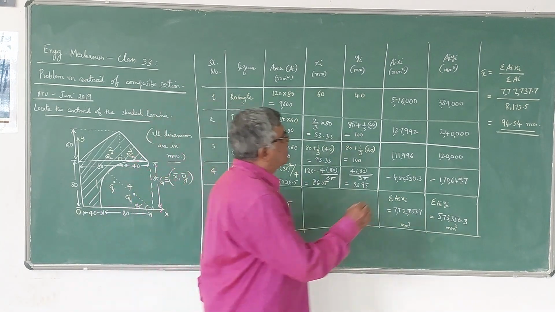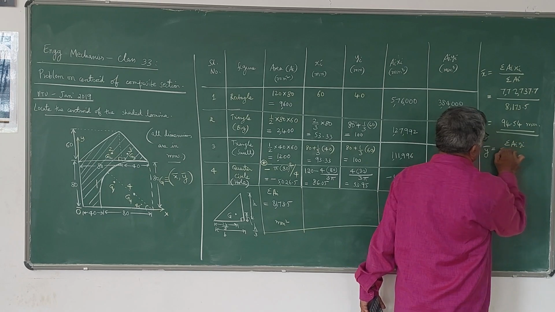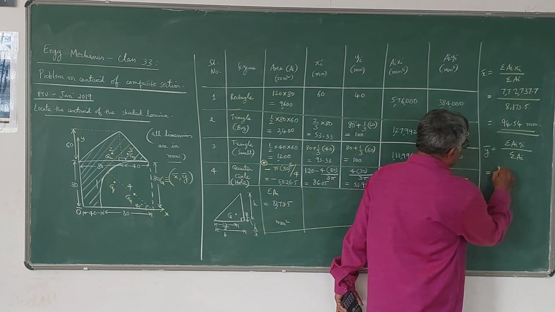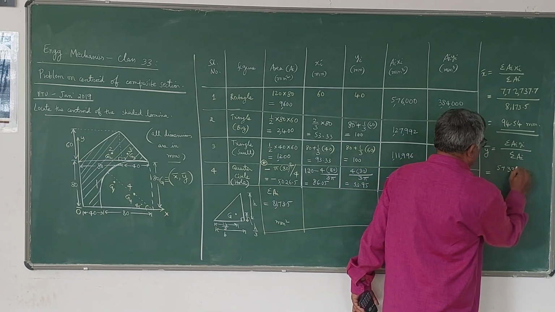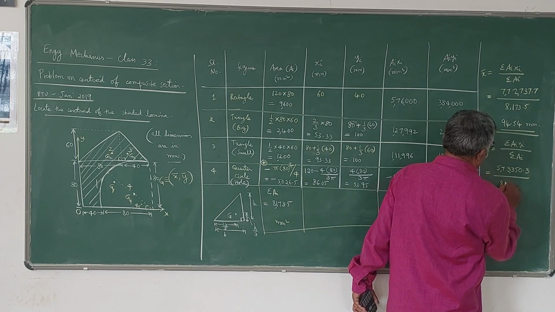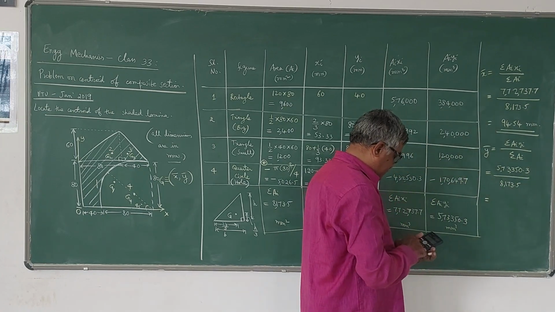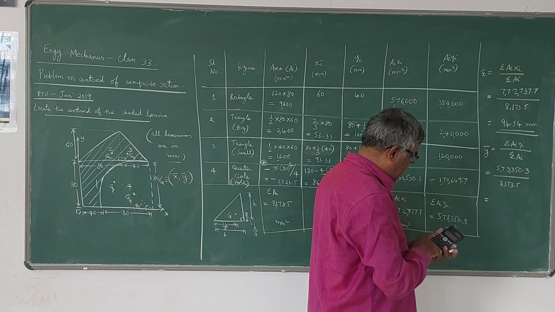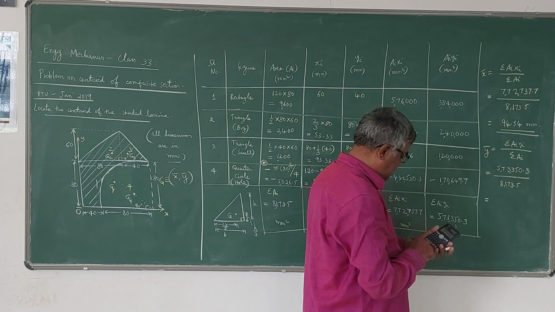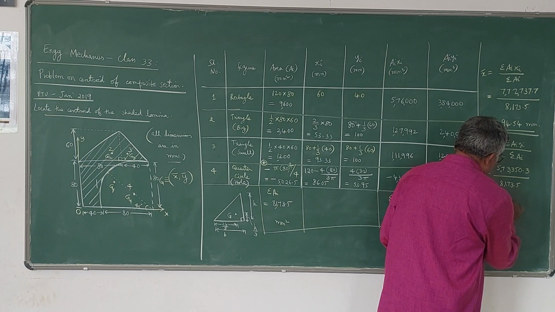Next y bar, similarly summation AIYI divided by sigma AI. AIYI is 573,350.3 divided by 8173.5, which is 70.15 mm.